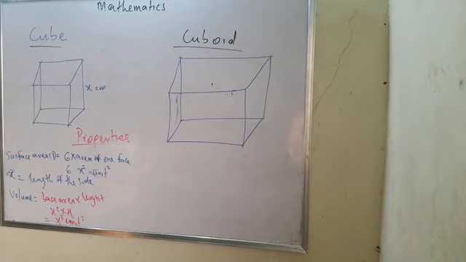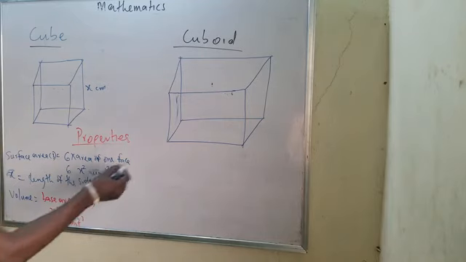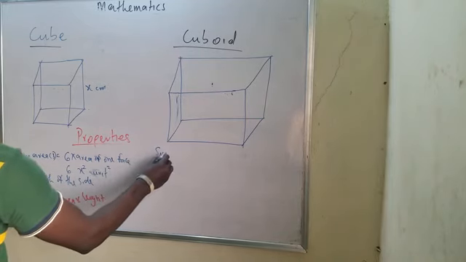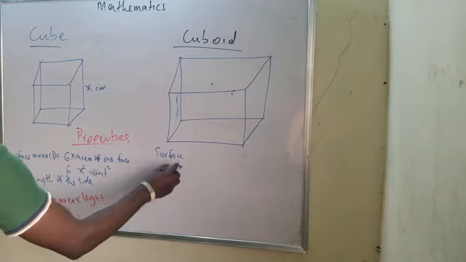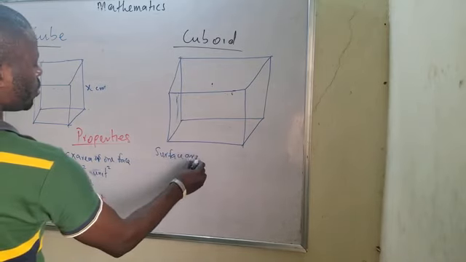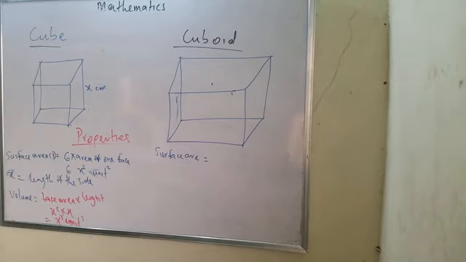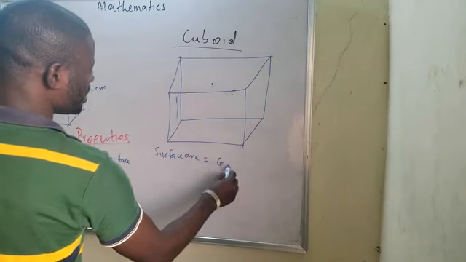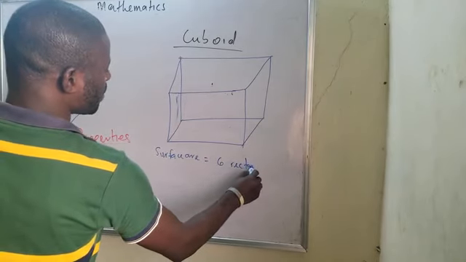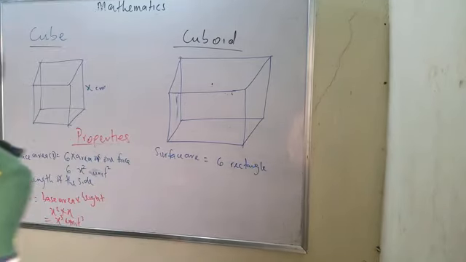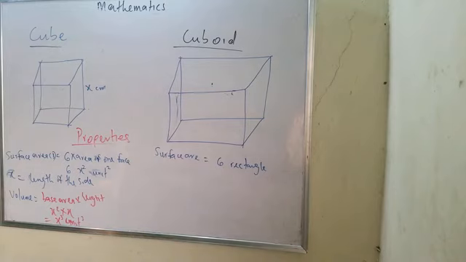And also on the cuboid, my surface area will be equal to, this time around, 6 rectangles. Now what are the 6 rectangles?